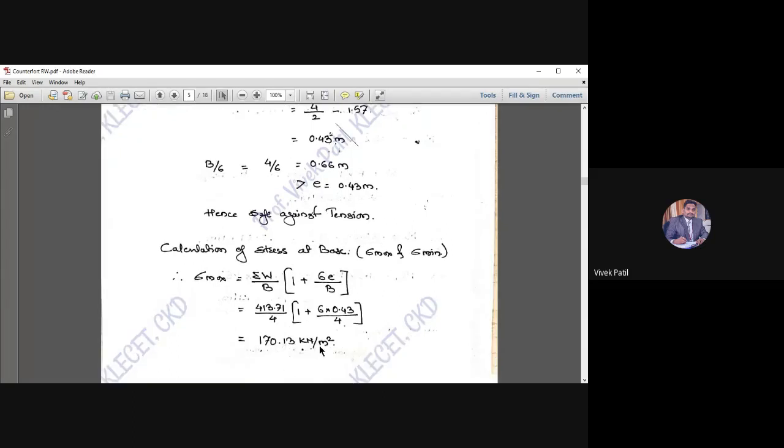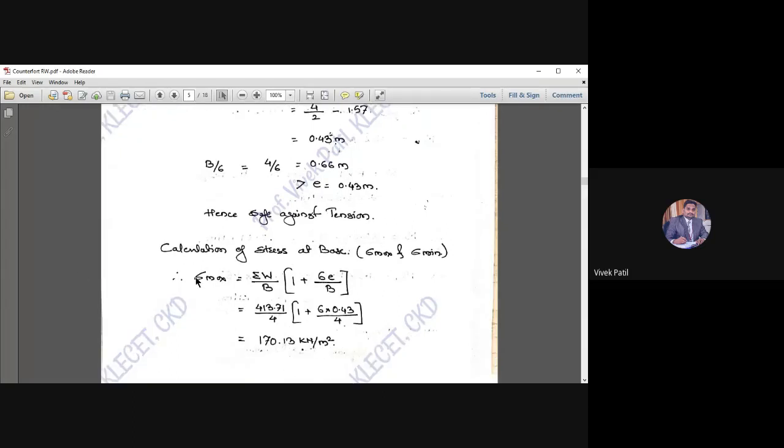I have replaced these values in the equation. Calculate sigma max. 170.13 kilonewtons per meter square.